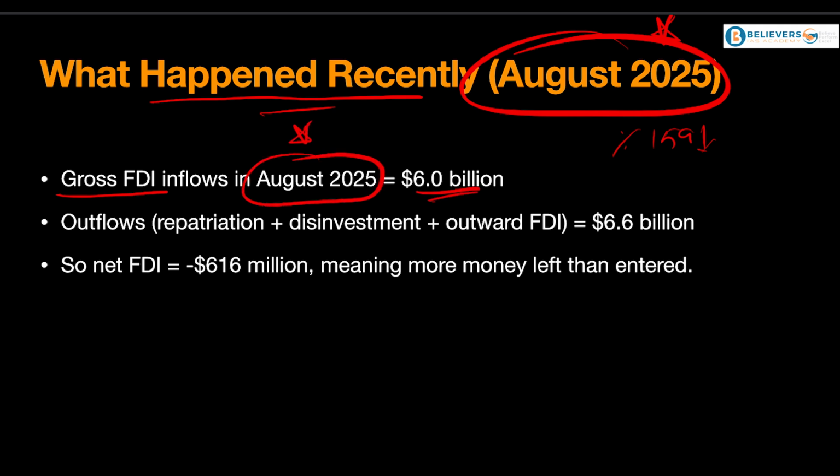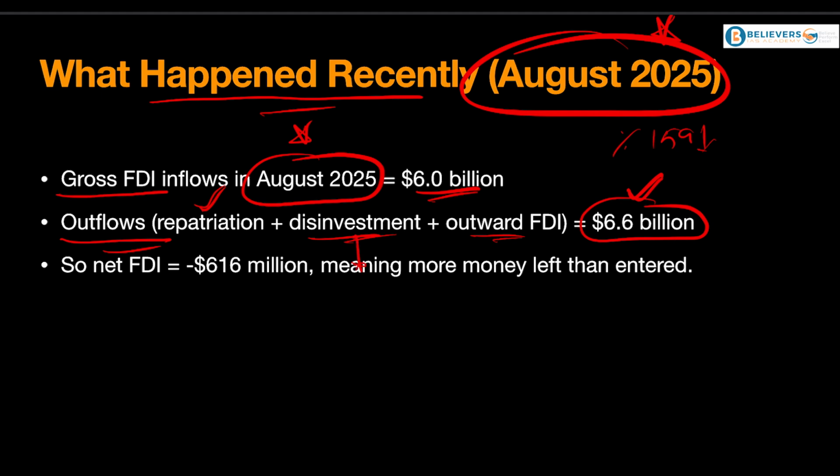One is the gross FDI inflows in August 2025. It was $6 billion US dollars, right? And the outflows in the very same month, in terms of repatriation, disinvestment, and outward FDI, were 6.6 billion. So as we can see, more dollars went out of India.